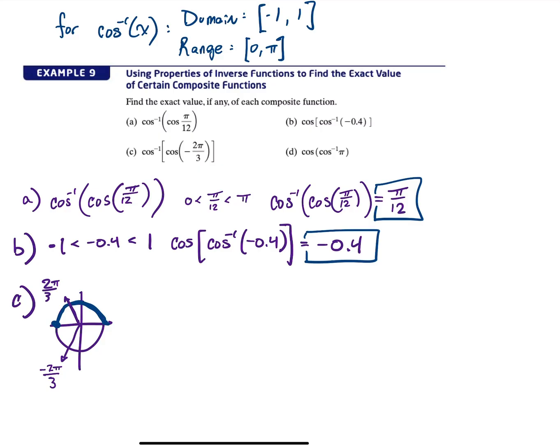So that means that, let's come back to our original statement, the inverse cosine of the cosine of -2 pi over 3 isn't equal to -2 pi over 3, but rather positive 2 pi over 3. So we had to find that other angle in the reduced range that will give the same cosine value.